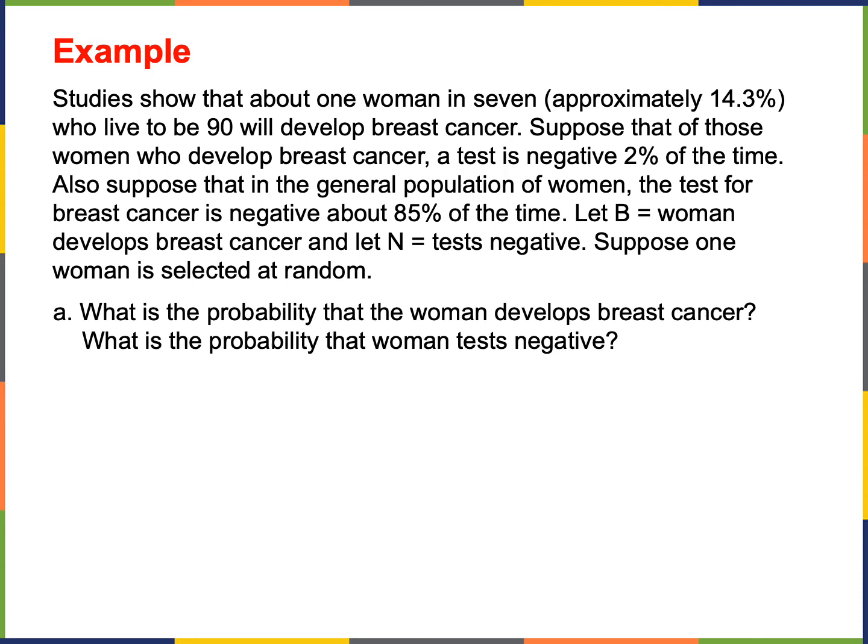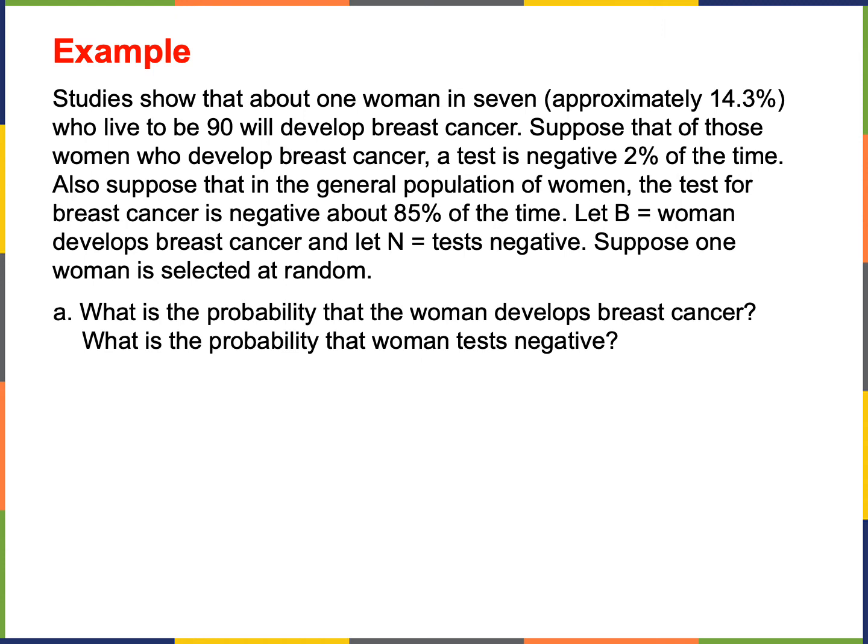Also suppose that in the general population of women, the test for breast cancer is negative about 85% of the time. So let B represent the woman who develops breast cancer, and let N represent the event that the test is negative. And suppose one woman is selected at random. What is the probability that this woman develops breast cancer, and what is the probability that the woman tests negative?